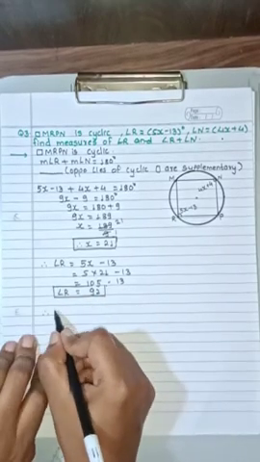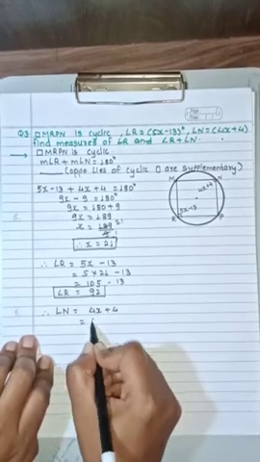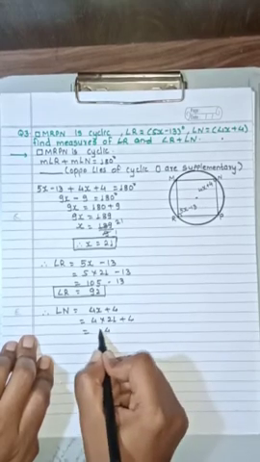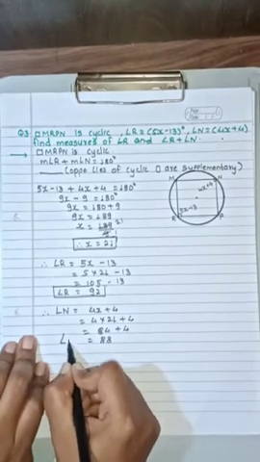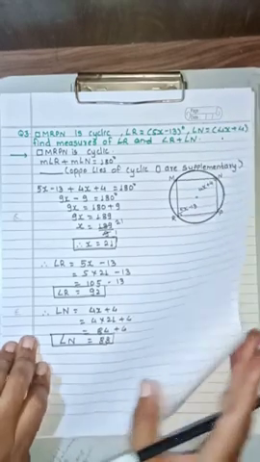Okay, now let us find angle N. Angle N is 4x plus 4, that is 4 multiplied by 21 plus 4. 84 plus 4, that will be 88. Angle N is equal to 88. So in this way, this question number 3 was very easy. Here you can write degrees.